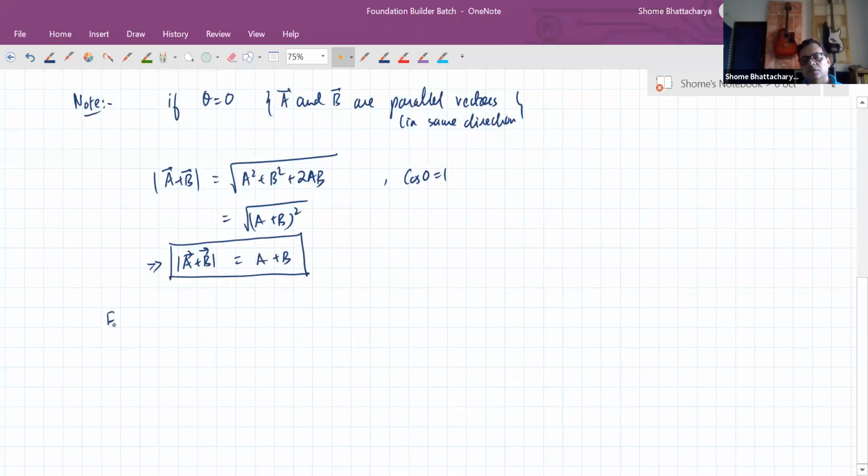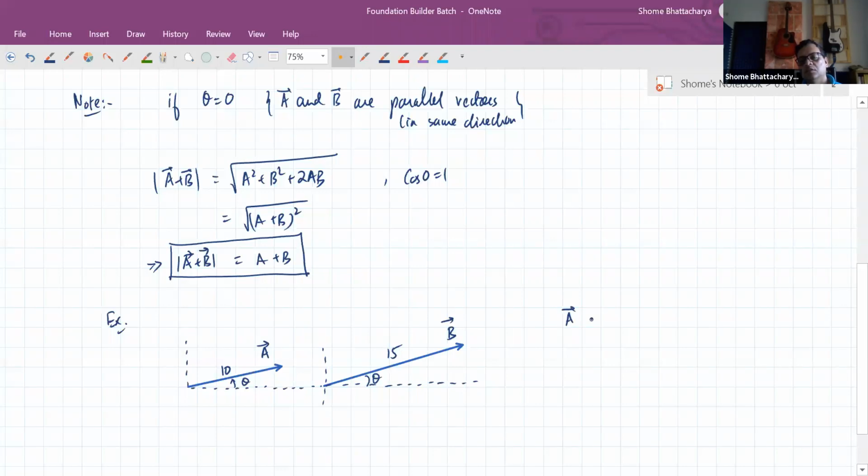So for example, suppose we have this situation that we have two vectors A and B. A is of magnitude 10, B is of magnitude 15, let's say, but both of them are along the same angle theta.